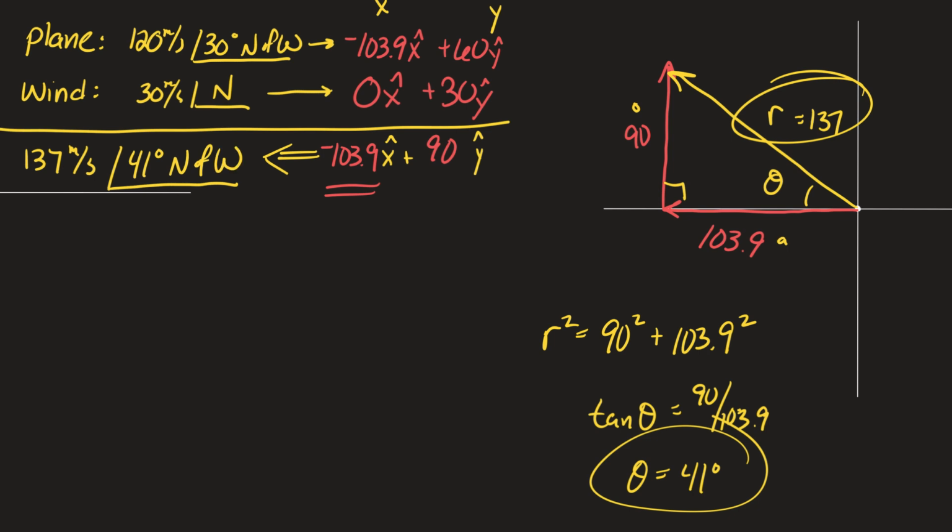So the plane actually is traveling faster than the engines think it is relative to the ground. Right? The engines think it's going 120, but the wind's helping it or pushing it off course. Hard to know. Now, how close was this to our graphical version? I think this is pretty good.